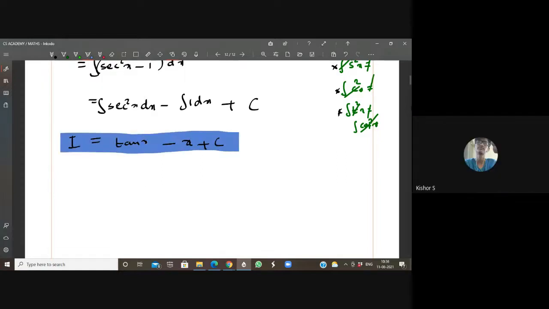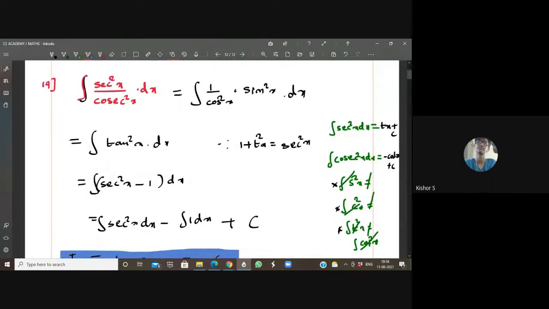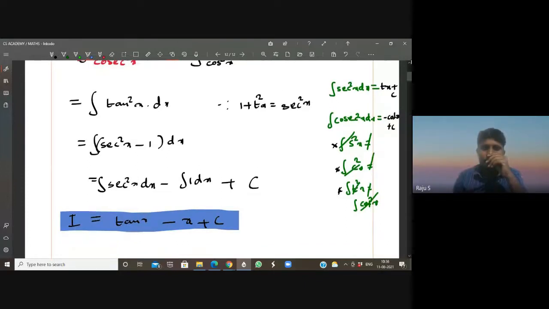Sir, can't we write secant 4x? Yes, we can't write secant 4x, secant power 2x, like secant x whole square.